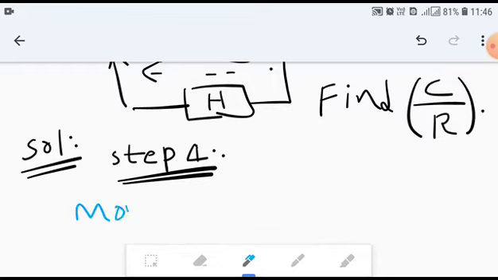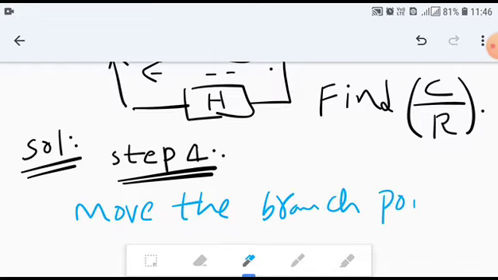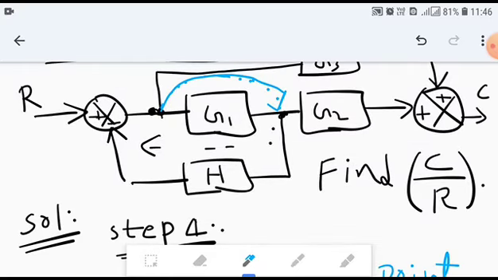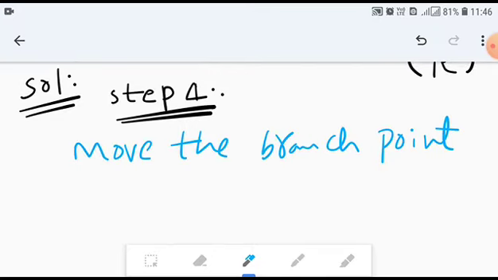Not just moving or changing the summing points as we wish, it is not. You have to first carefully understand the block diagram, then you have to move the branch point after the block or before the block, whichever will simplify our big block diagram into a small one.